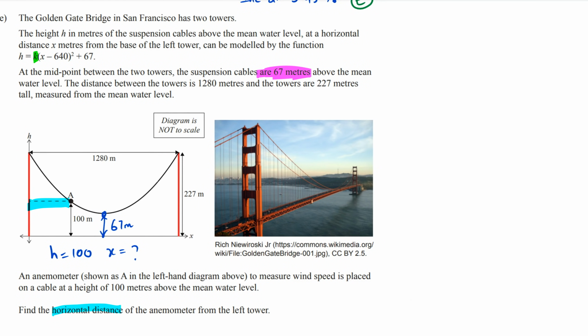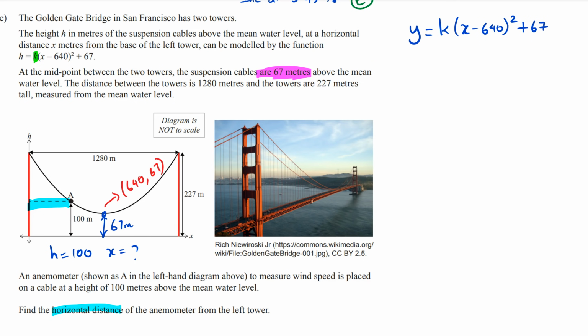So we've been given the equation, right? The equation is y is equal to k times x minus 640, squared, plus 67.